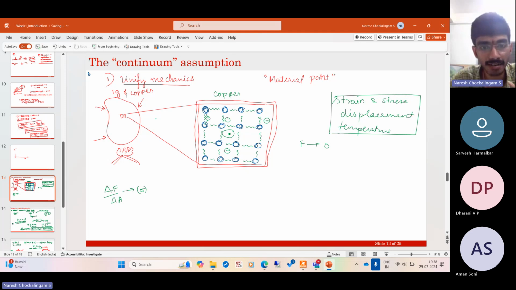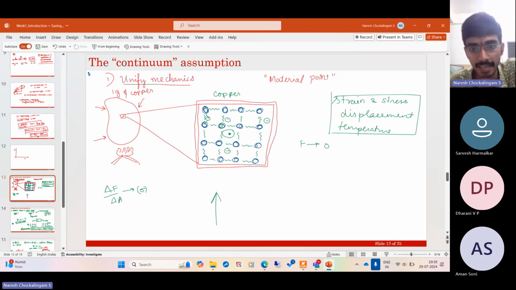If you shrink the point to lie on an atom, you have the force on the atom by the neighboring atoms. So if you shrink it to a point on the atom, you have infinite stress there, because there is a force, and as you shrink it to the center of the atom, the area goes to 0.